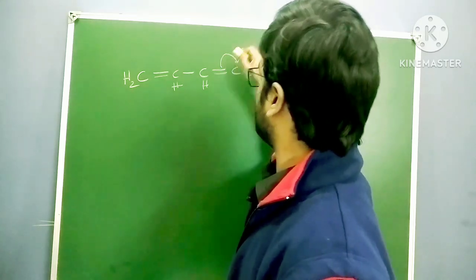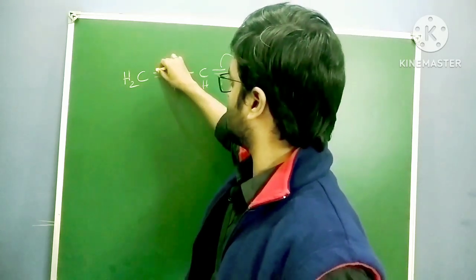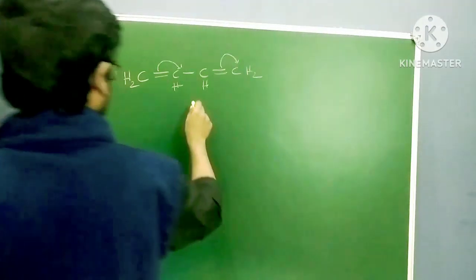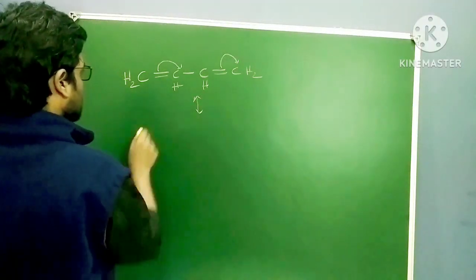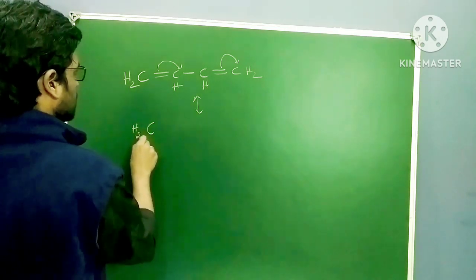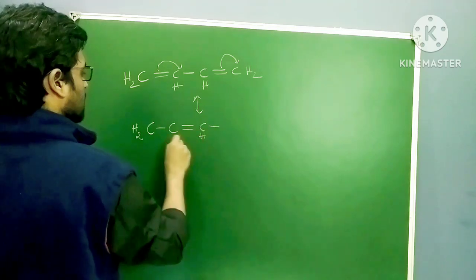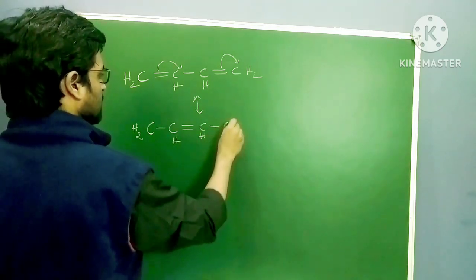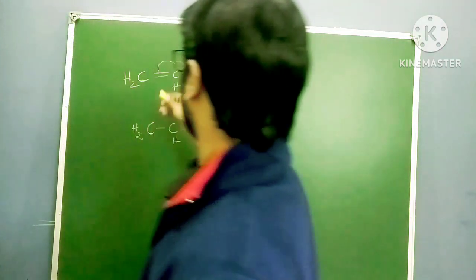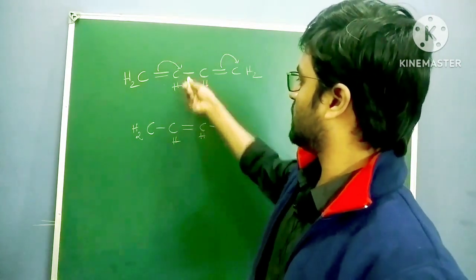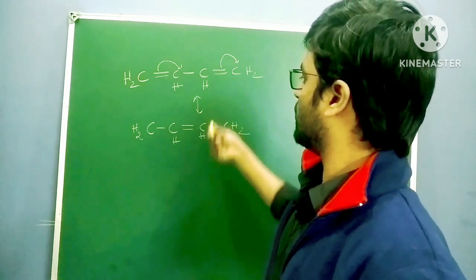If I move these electrons to this position, then these electrons will move to this position. After that we get the structure CH2, single bond C, double bond C, single bond CH2. Initially you had a double bond here, now a single bond; initially a single bond, now a double bond.